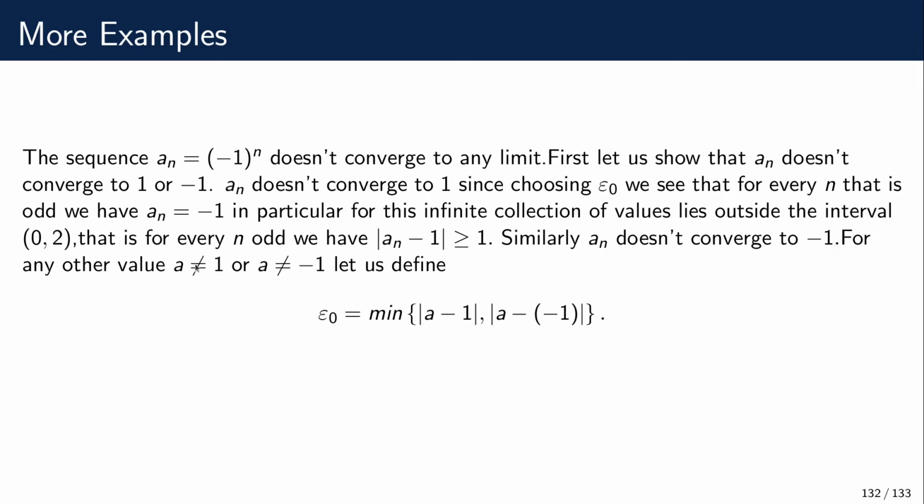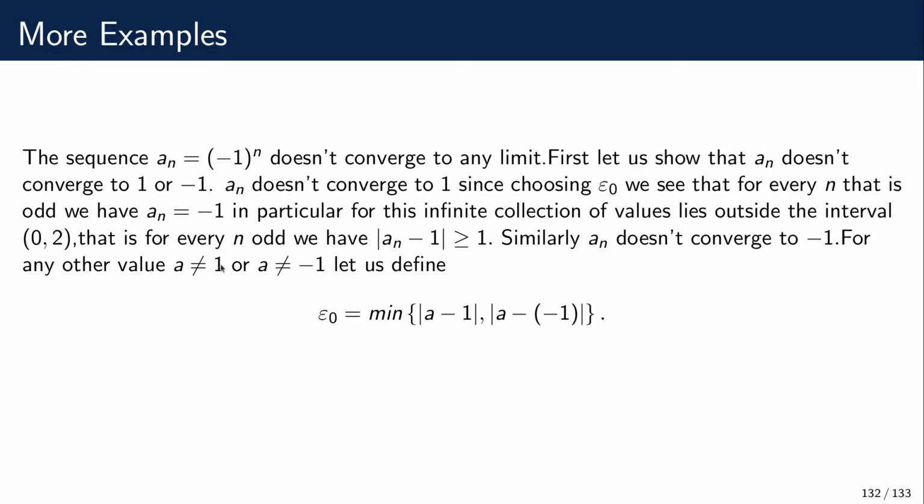So let us show that it cannot converge to any other value either. If a is not 1 or minus 1, let us denote epsilon 0 to be the minimum of |a minus 1| and |a minus (minus 1)|, which is actually |a plus 1|, where a is any candidate limit. This is the distance of a to 1, and this is the distance between a and minus 1.